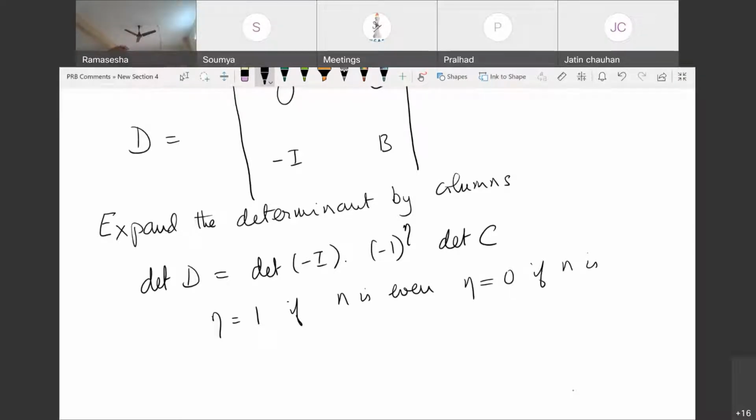The other way around. N is even. So that I will get determinant D equal to determinant C equal to determinant AB. Okay, so that's how I'll prove that determinant AB is equal to determinant A times determinant B.